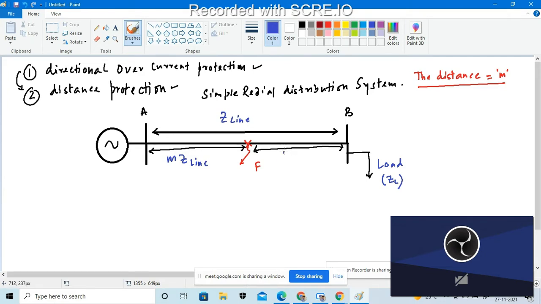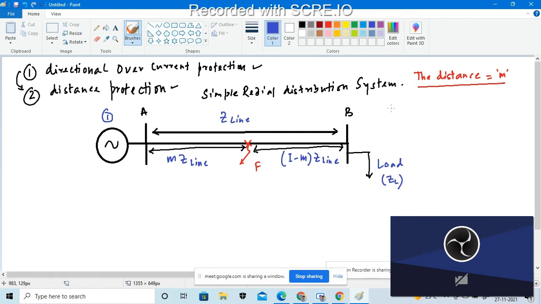If I consider this to be I, minus m into the line impedance, this will be the fault that appears in the transmission line if I consider a single source which is connected with some load having an impedance of ZL, right?